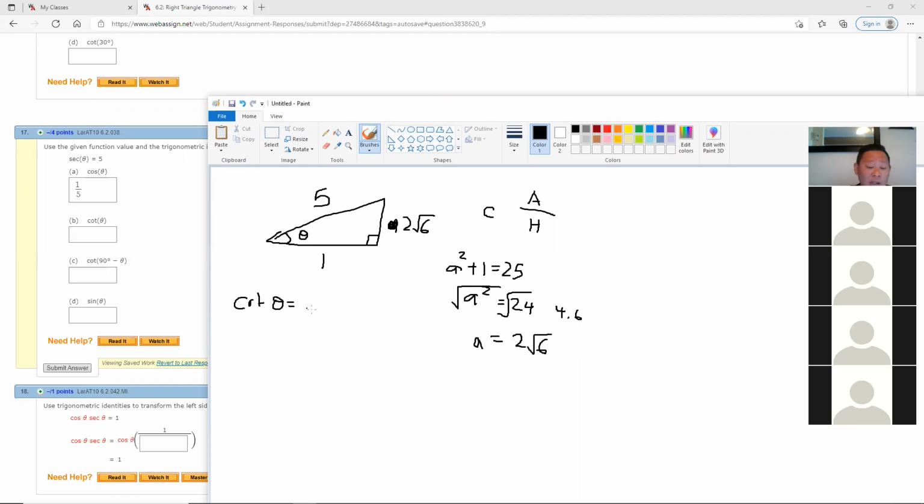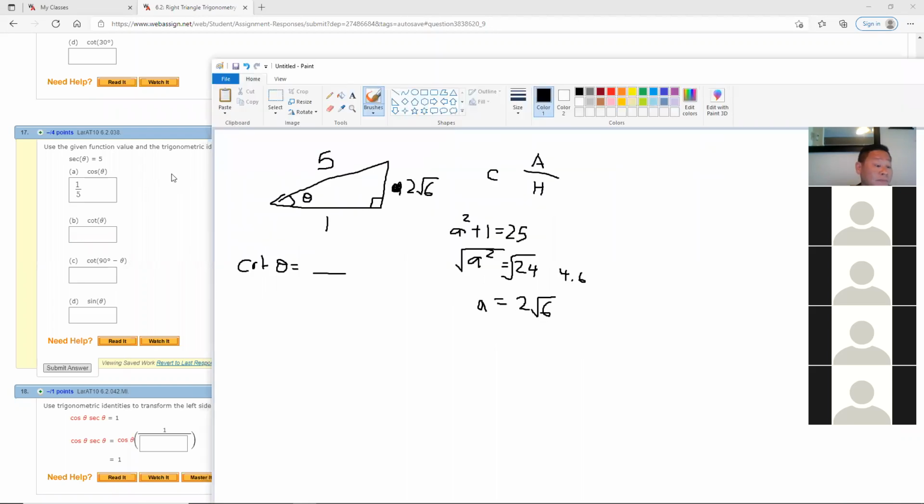Anyone know cotangent theta is what over what? Tangent theta is what over what? Using SOHCAHTOA and the right triangle, tangent is opposite over adjacent.